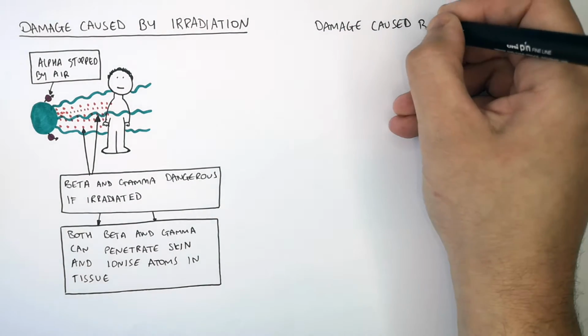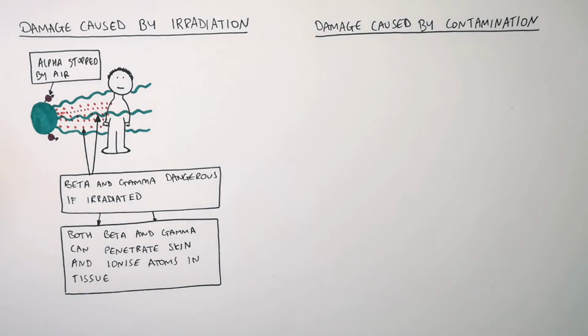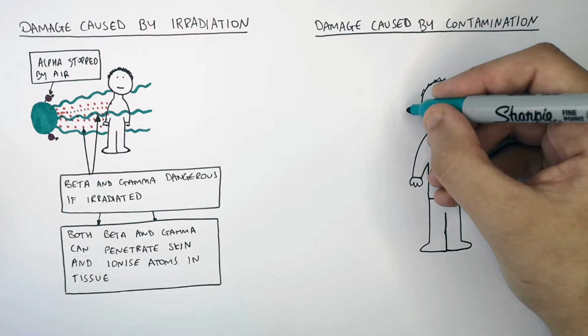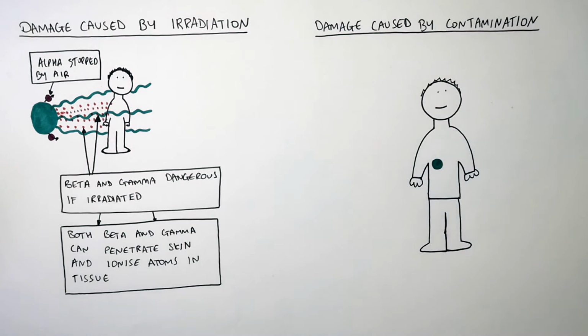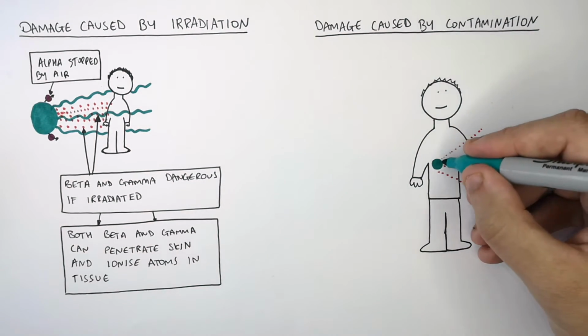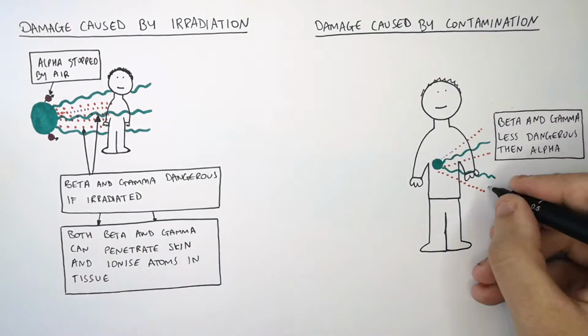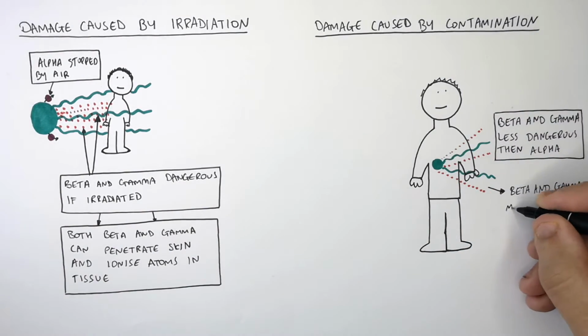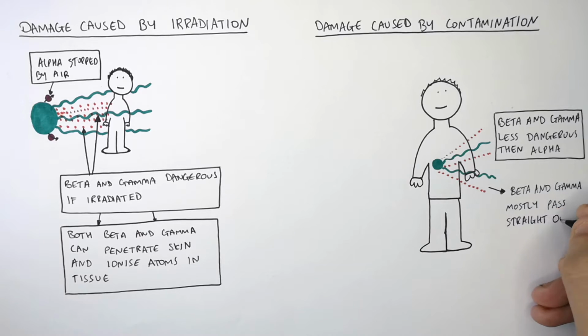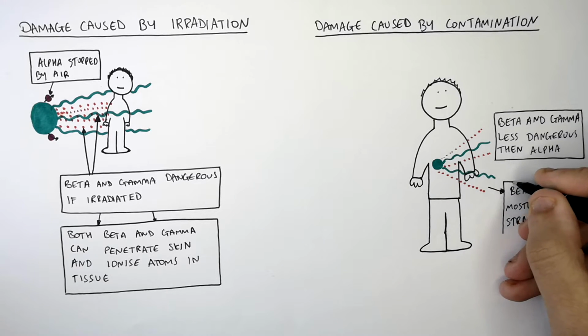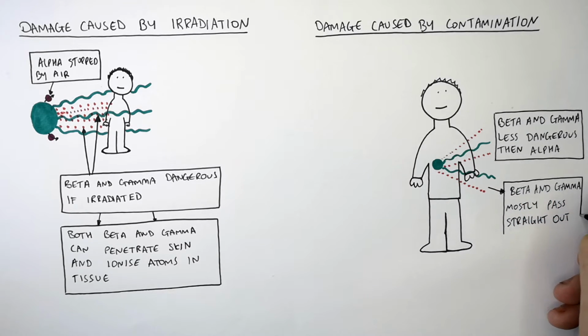Let's now look at the damage caused by contamination. Let's imagine this person ingested a radioactive source. Gamma and beta radiation are still obviously dangerous, but less dangerous than alpha. So beta and gamma radiation are mostly going to pass straight out of the person. However, dense objects like bone will likely absorb beta particles and it will cause damage to them, still ionizing atoms in human tissue.